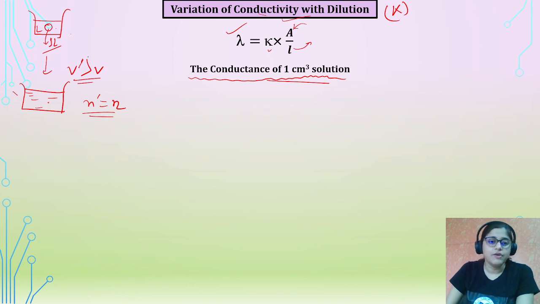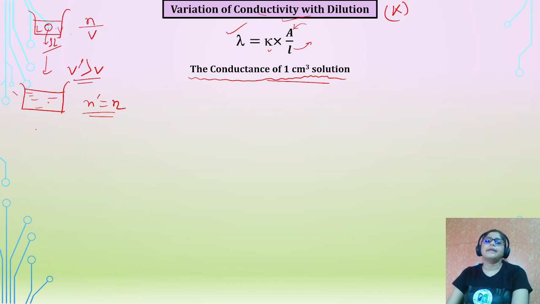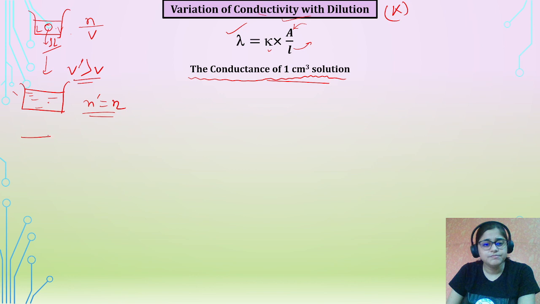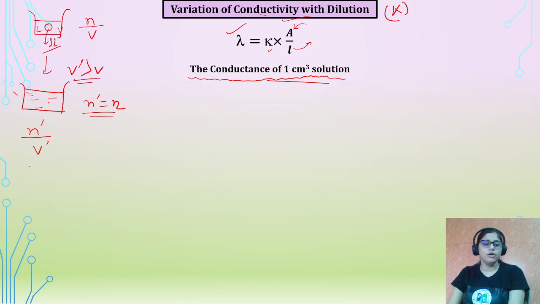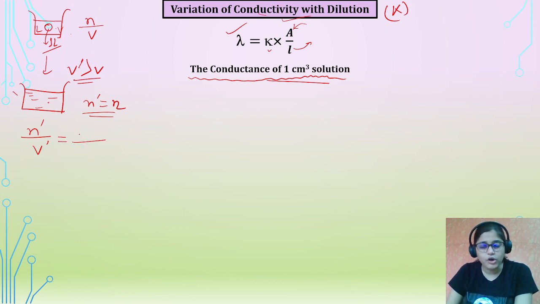So in 1 liter, let's say V amount, how many molecules were there in 1 liter? N by V, right? And here, let's say number of ions, N dash by V dash, the new moles and new volume, but the number of ions is the same, so it will be N again, and V dash will be V dash.